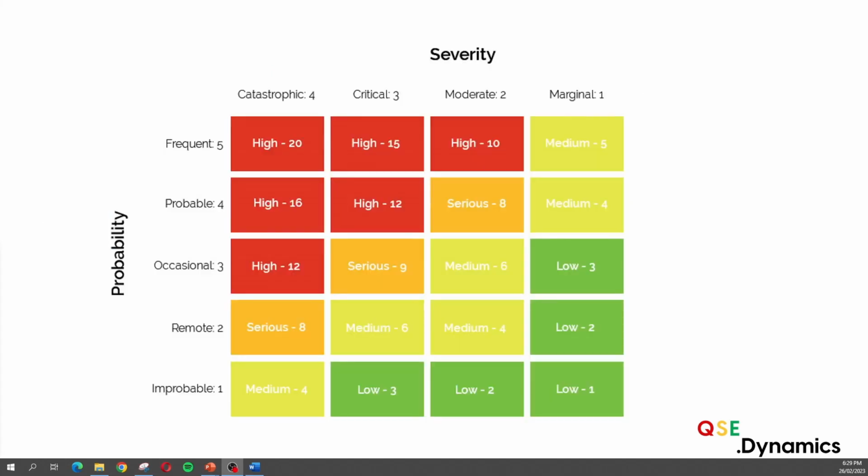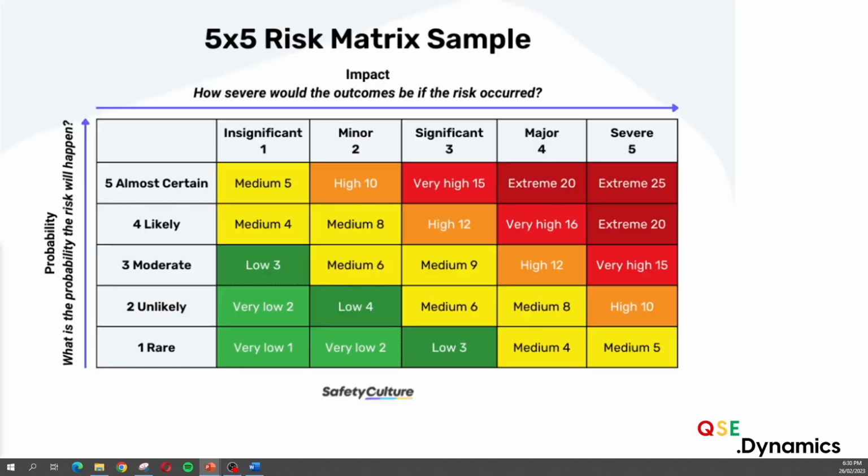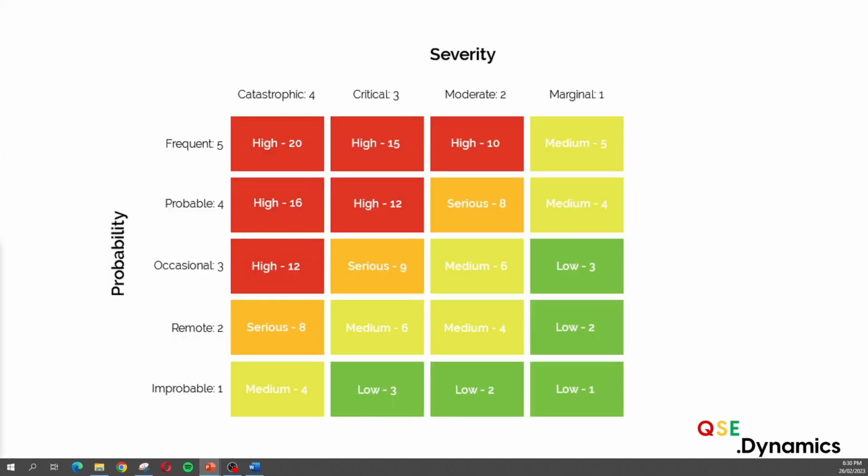Next up is one that looks somewhat similar to the first one, but you will notice if we just go back that the previous one is a 5x5 risk matrix, where on this one it's actually a 4x5, and we're using the term severity instead of impact in this one, and we have 4 categories.